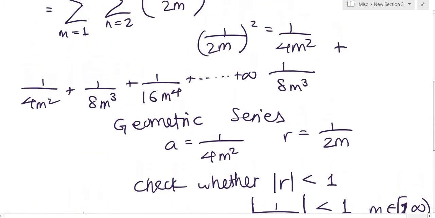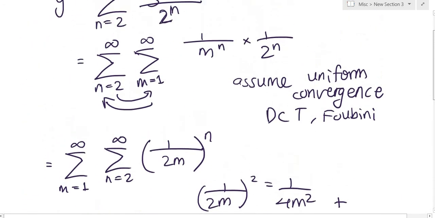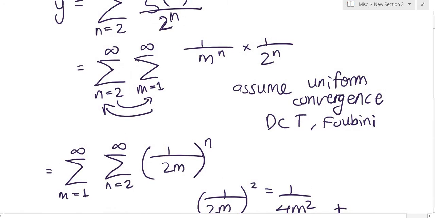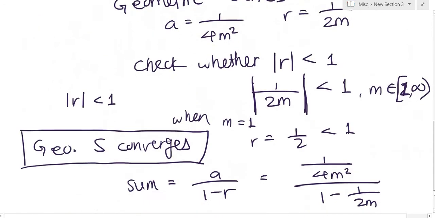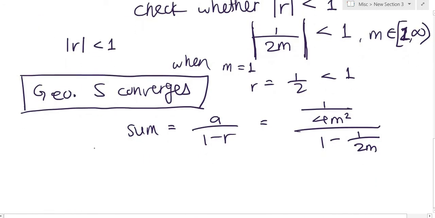Well, now instead of this thing over here, we can directly substitute this to be the sum of the geometric series. That's what we are calculating here, the sum of the geometric series.